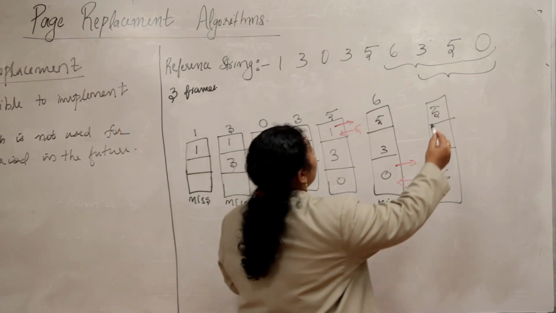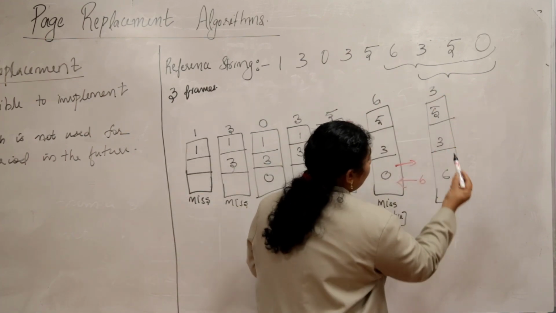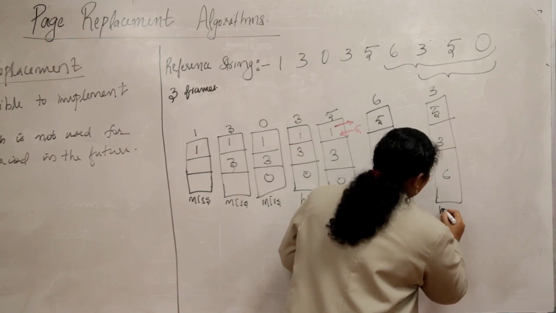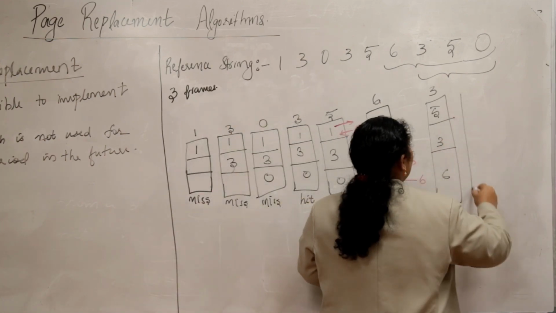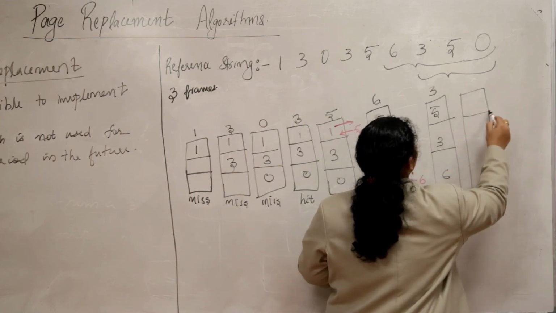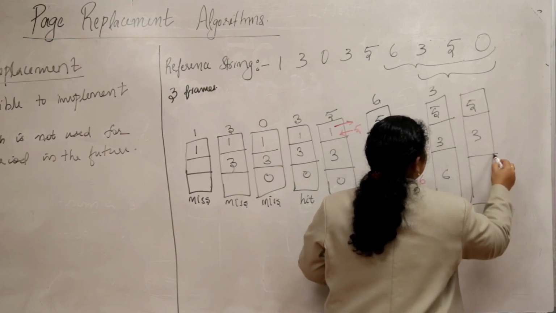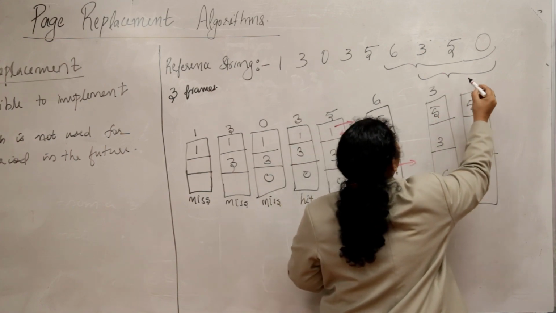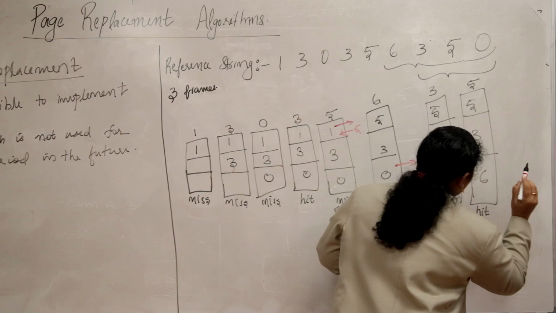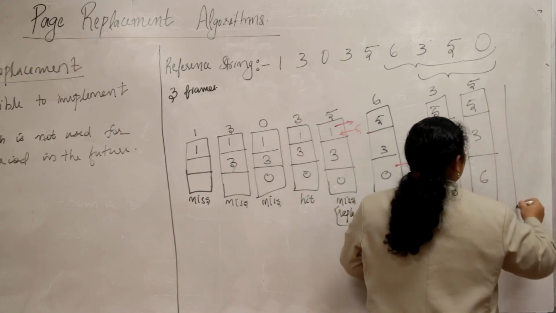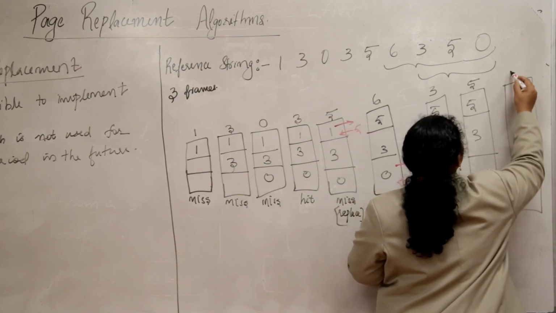The next request is for 3. 3 is already present in the table, so it is a page hit. We can directly access it. Next request is for 5, which is already present, so again it is a hit. Then the last requested value is 0.